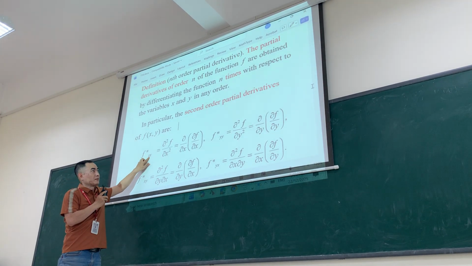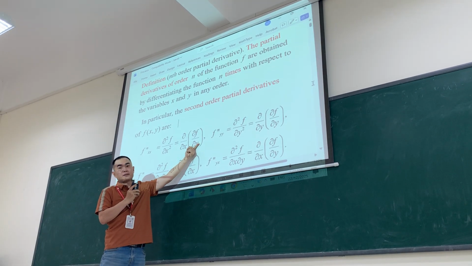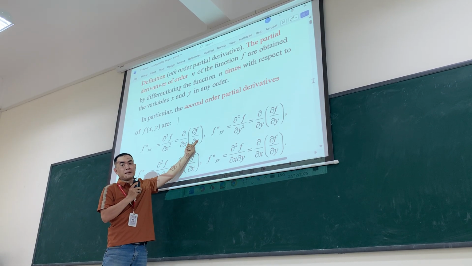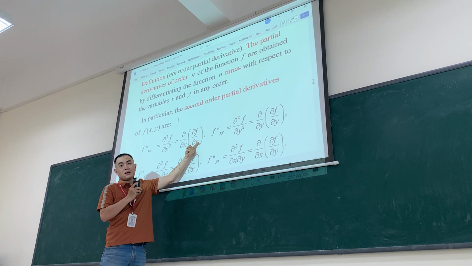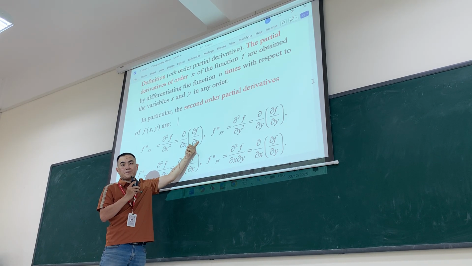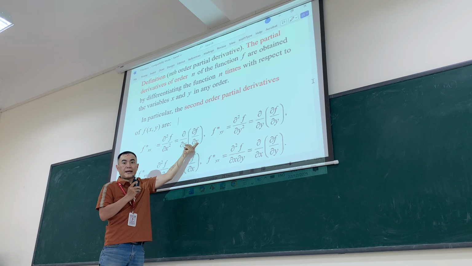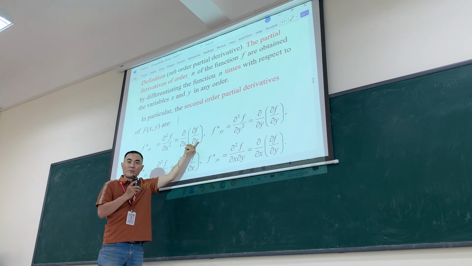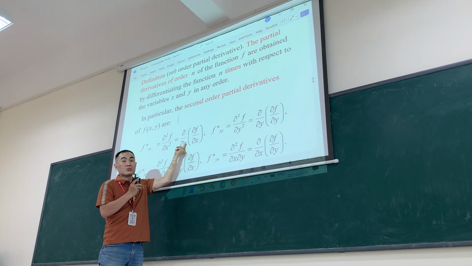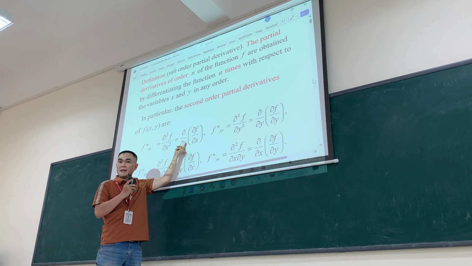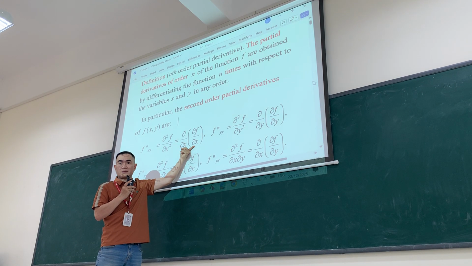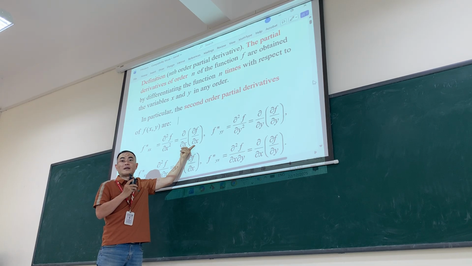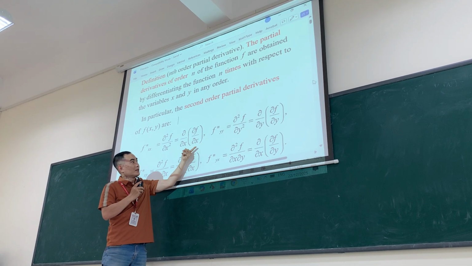What does it mean? This means first we take the derivative of the function f with respect to x. Okay? When you consider the first order partial derivative of the function f with respect to x as a function of two variables, we continue to take the derivative with respect to x. That means we take the derivative of the function twice with respect to x.